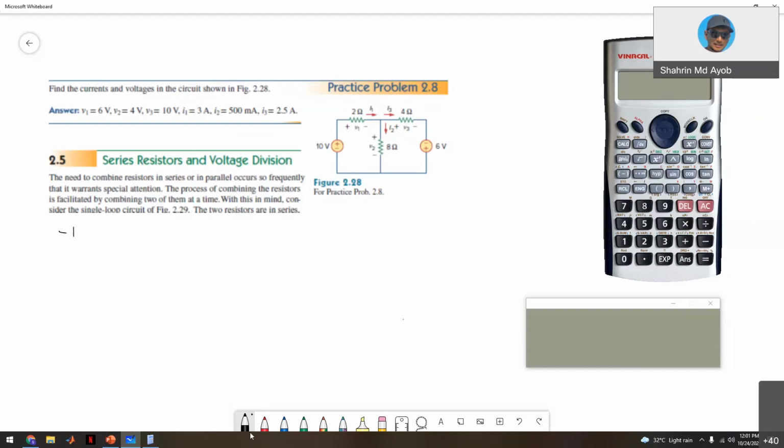So -10 plus V1 plus V2 is the first equation.